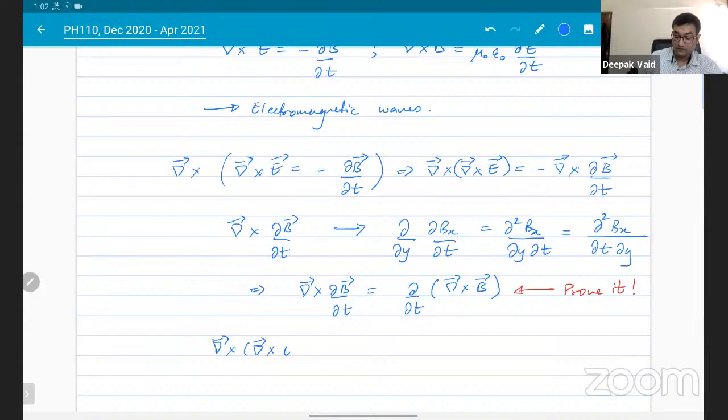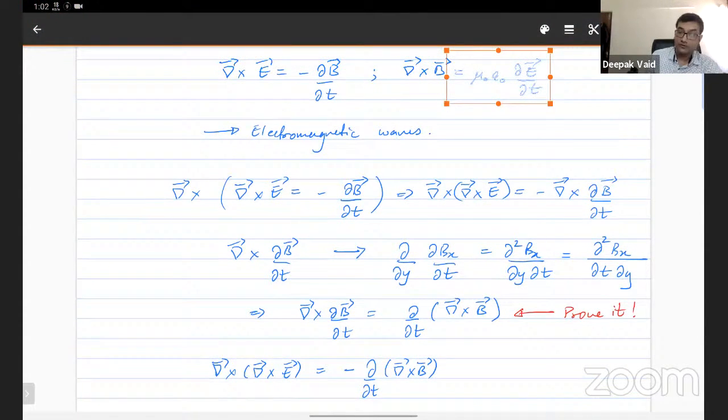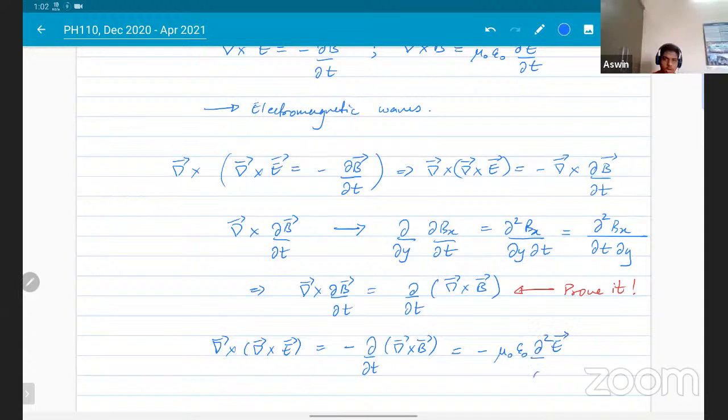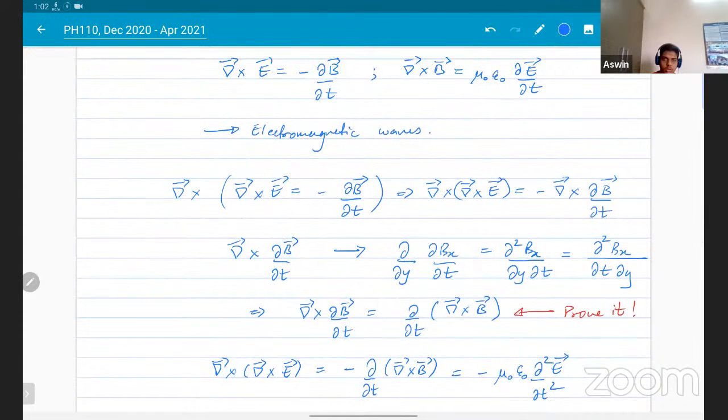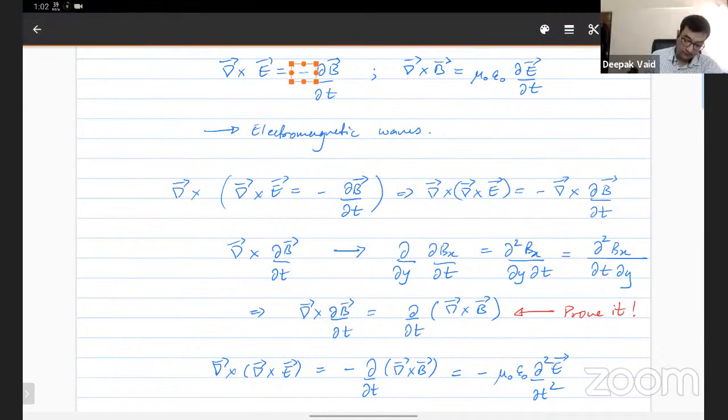So then my equation becomes curl of curl of E is equal to minus d by dt of curl of B. Now curl of B is equal to this expression in terms of E. So I can put that in here. I get minus mu naught epsilon naught. Sir, why an extra minus sign over there? Where? Curl of E? This minus comes from here, right?